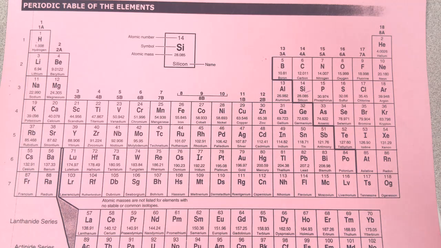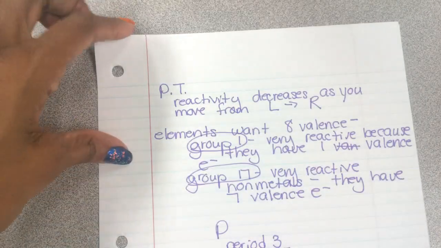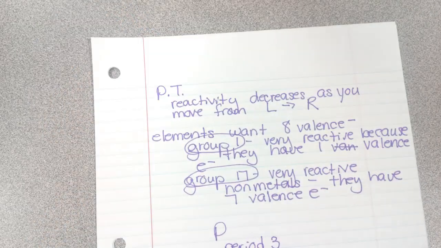All right, so I just wanted to go over that. I'm going to spend the rest of the time going over counting atoms. All right, so your rules for counting atoms.